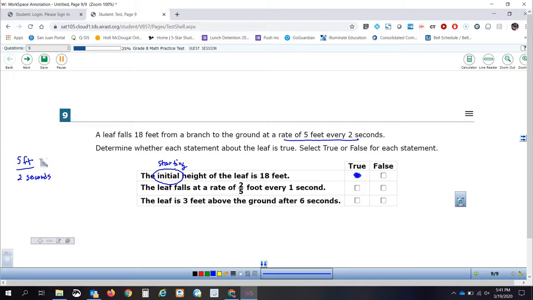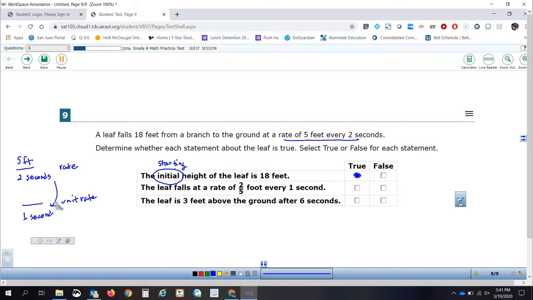All right, now that is a rate, but that is not a unit rate. And the reason it's not a unit rate is because the second part of that ratio, the second part of the rate, is not 1. So if I wanted to change this to a unit rate, I would change 2 seconds down to 1 second.